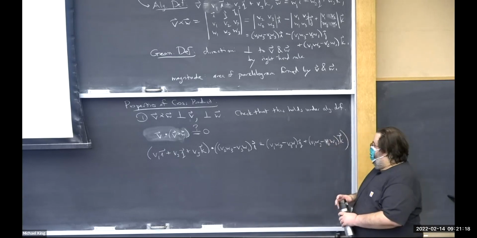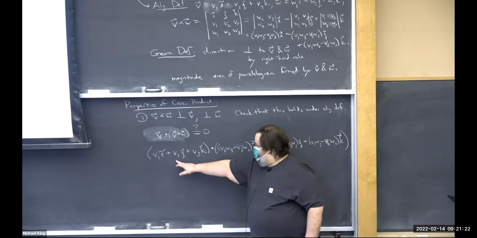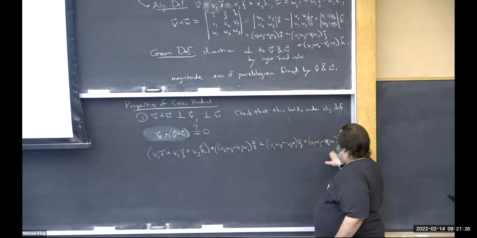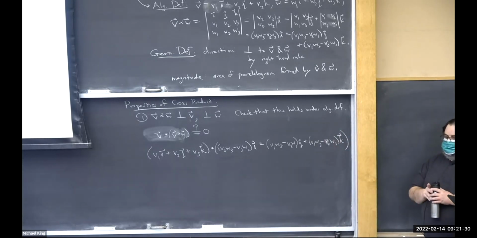So start dotting this out: you multiply v1 times this expression plus v2 times this expression plus v3 times this expression. You're going to have a lot of letters floating around, but nice things are going to happen.